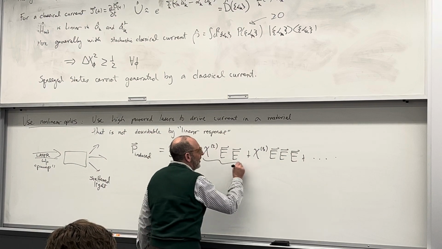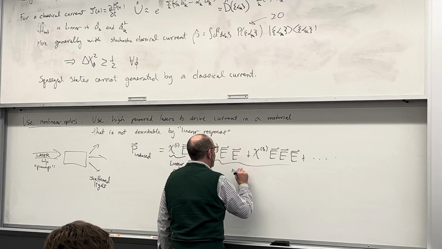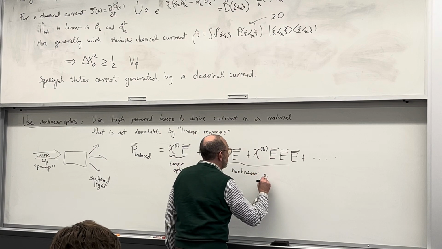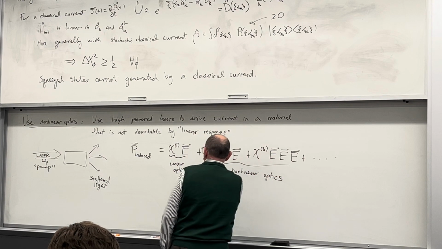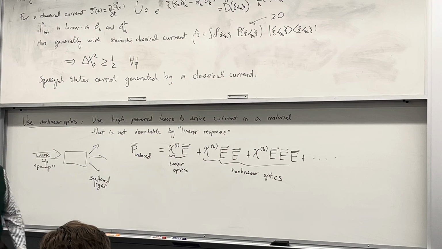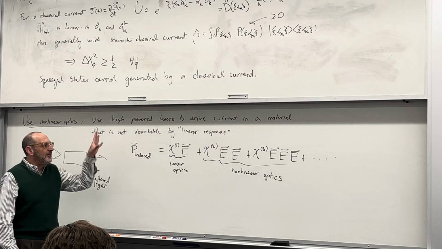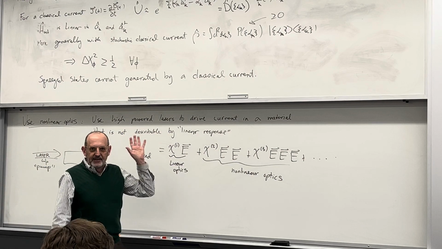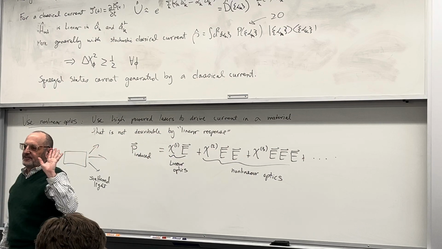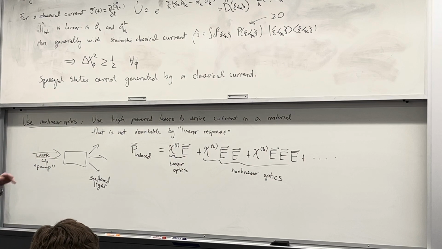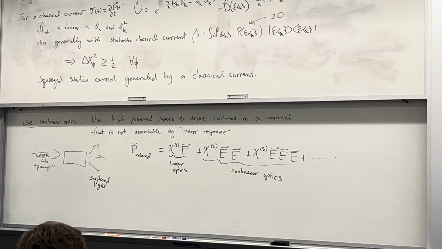And the rest of this is nonlinear. Now, we want to first understand the classical nature of this kind of nonlinear optical process before we can get into the details of the quantum description of the nonlinear optics.